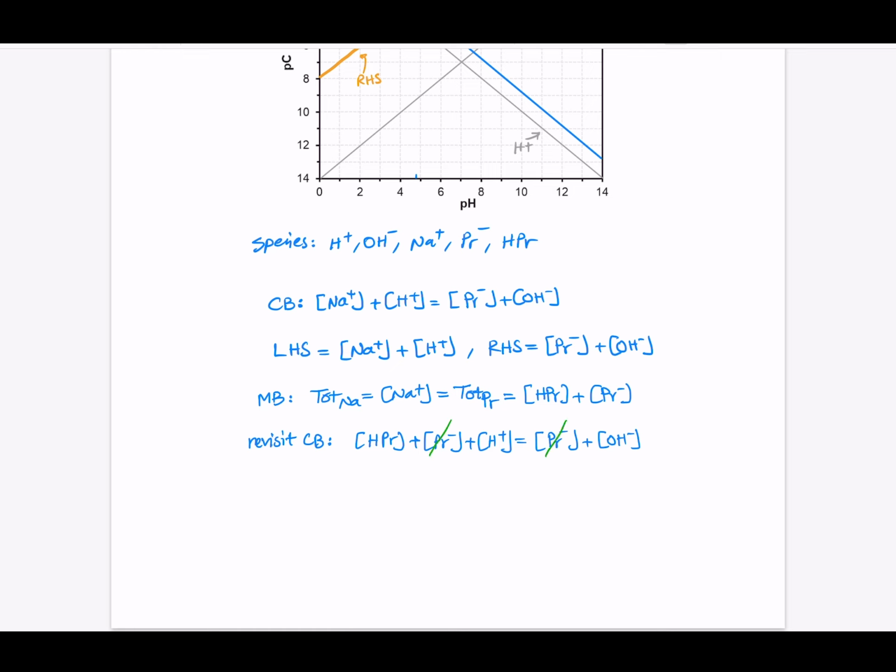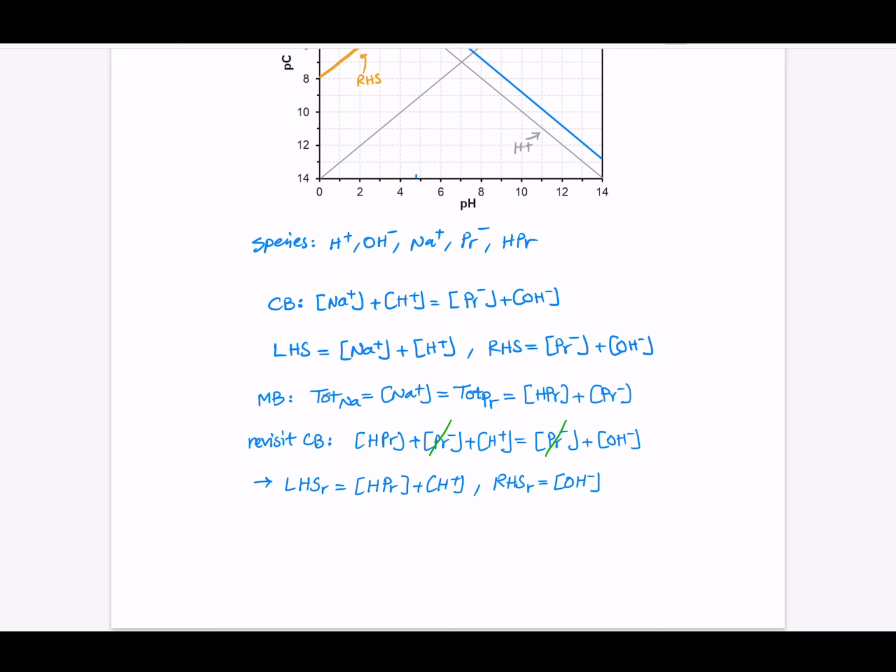Simplification. So then you see our LHS, let's call it LHS revisited, would be HPR plus H plus, and then our RHS revisited would be only OH minus.